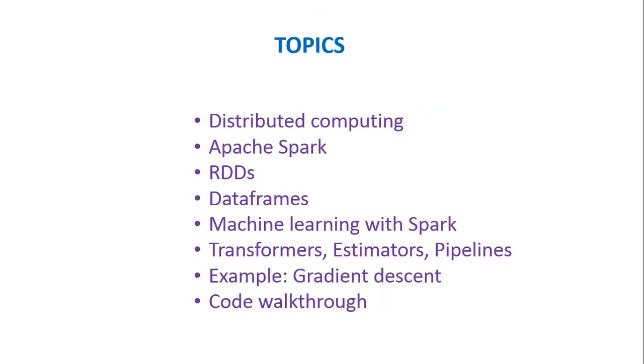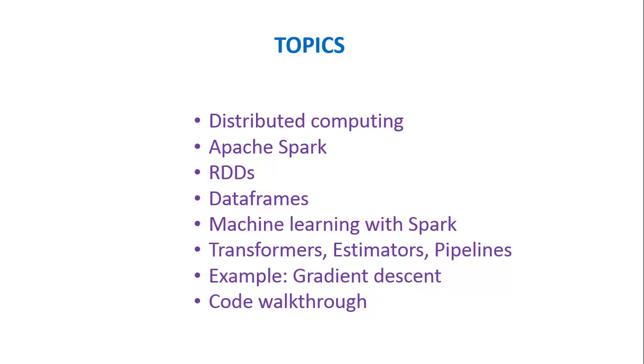So we're going to basically cover distributed computing. And Apache Spark is a compute engine for clusters. And we will look at certain data structures that are available in the Spark framework, called RDDs and data frames.